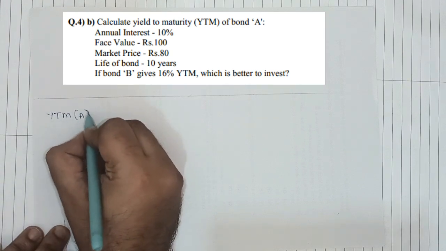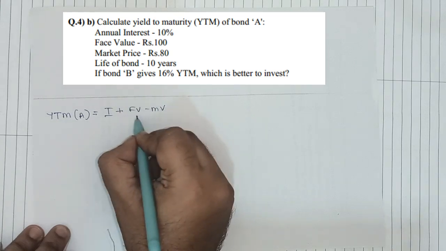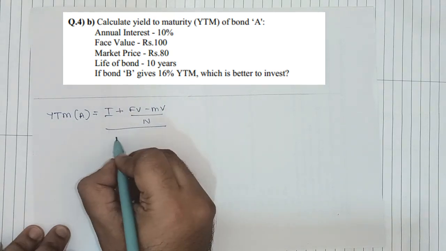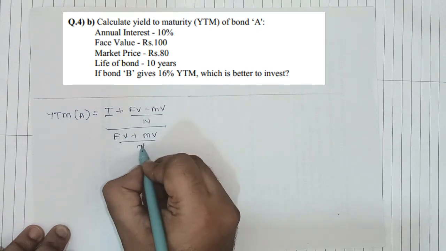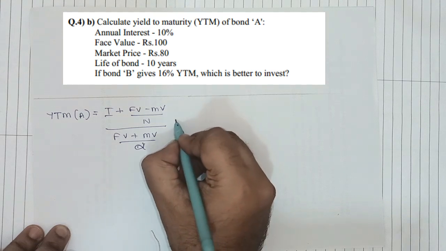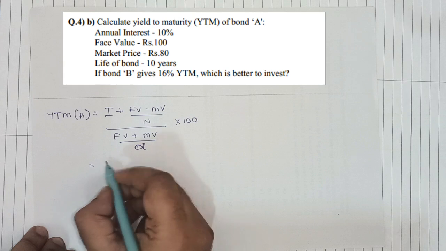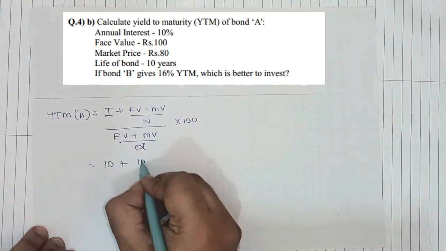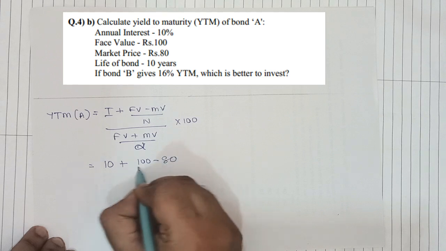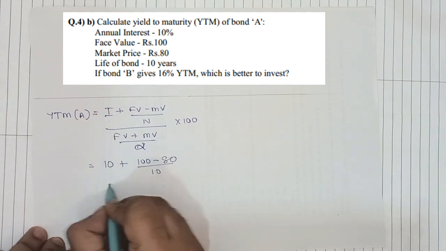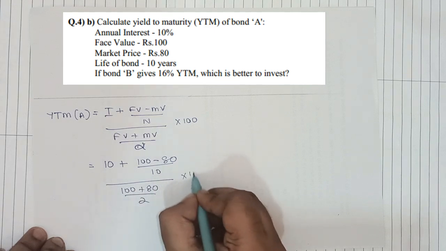So YTM of A ka formula is interest plus face value minus market value upon the number of years, the whole thing upon face value plus market value upon 2, into 100. Interest, now they get 10% of face value, so 100 ka 10% is 10, plus 100 minus 80 upon n, which is 10 years, the whole thing upon 100 plus 80 divided by 2, into 100.